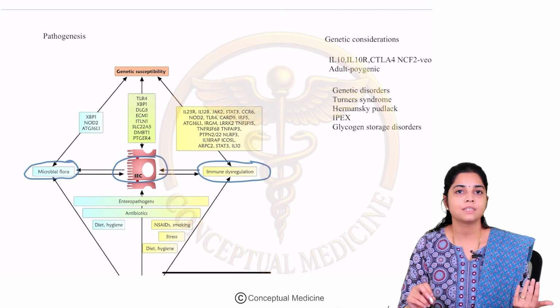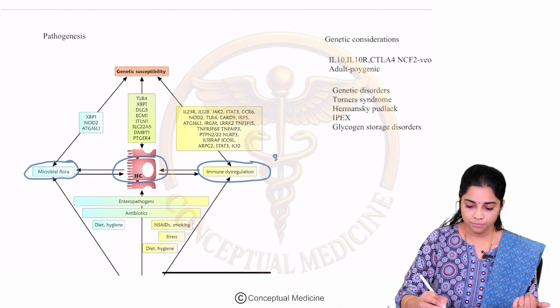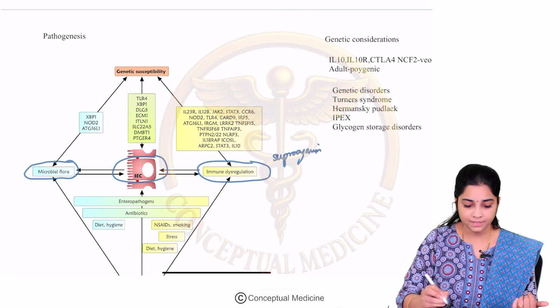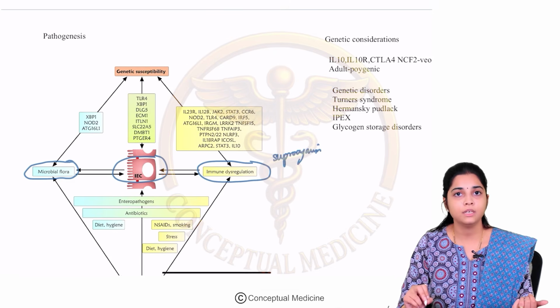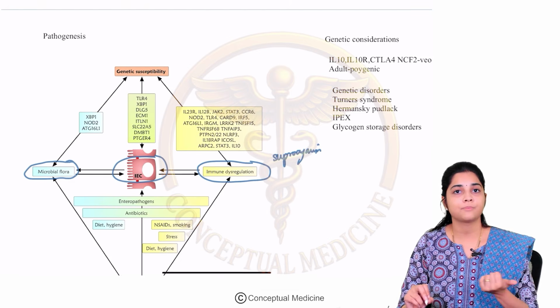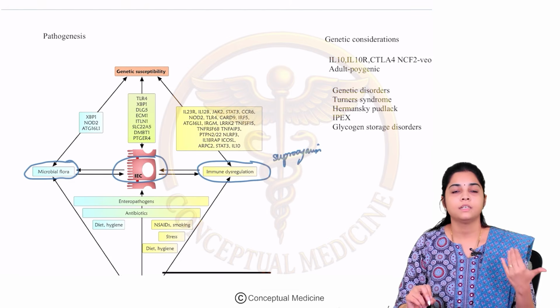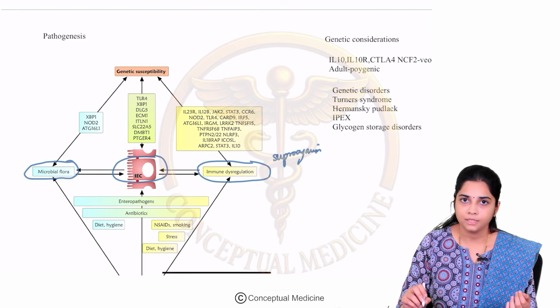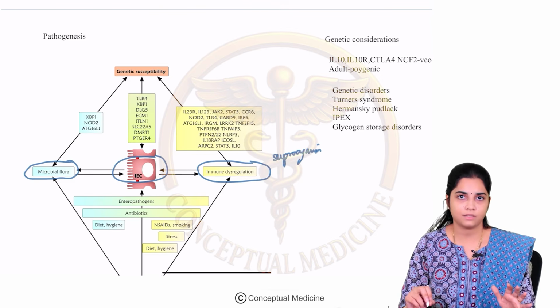So whenever there is a disruption in this superorganism comprising the microbial flora, intestinal epithelial cells and immunity, when there is disruption of any of these, this can result in IBD. Okay, so this is basically the crux of the matter.